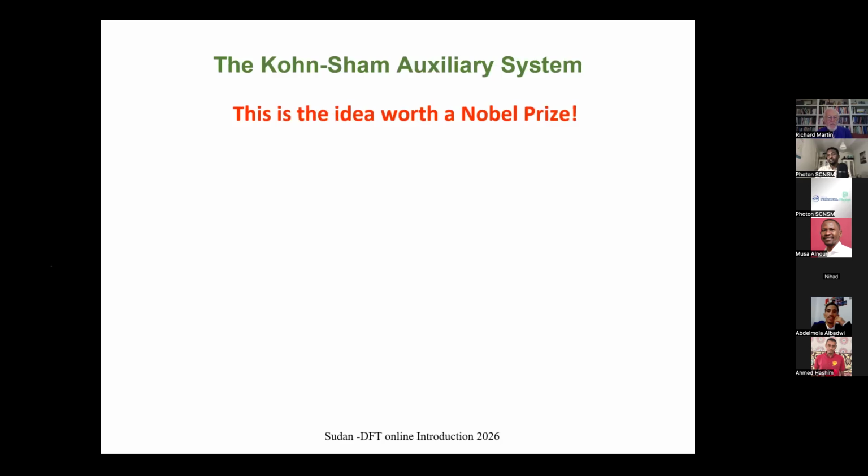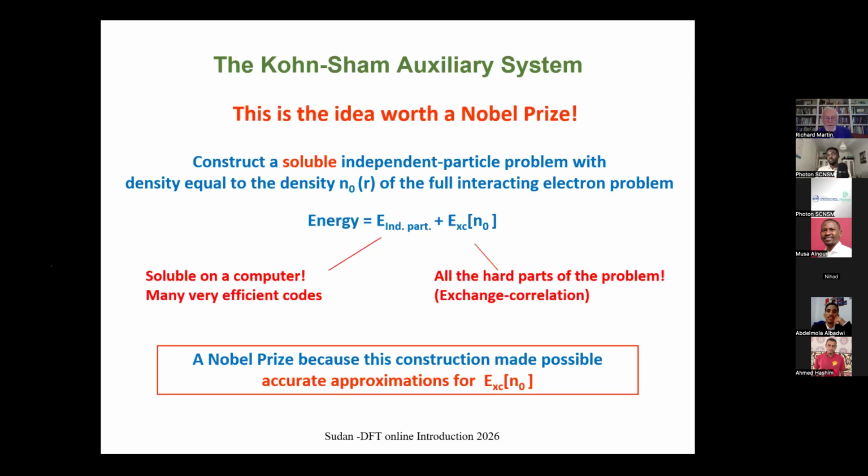The thing that really was worth the Nobel Prize was putting together that previous idea and constructing a system that was a soluble independent problem that has the same density as the full interacting electron problem. Now, if you have an independent electron problem, like we said before, it's soluble.